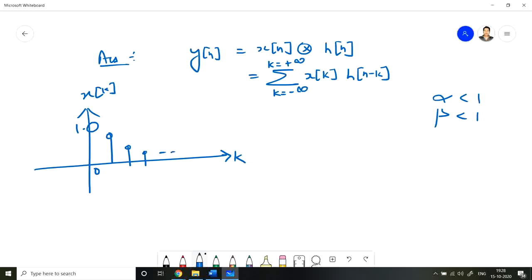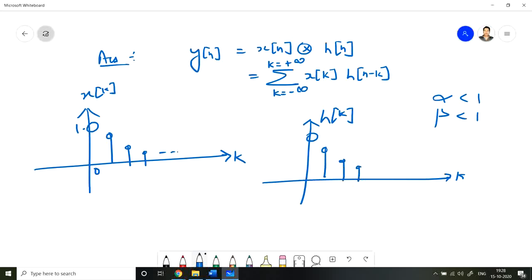So this is our x[k]. Then we have h[k]. So h[k] is also decreasing, like in this way.